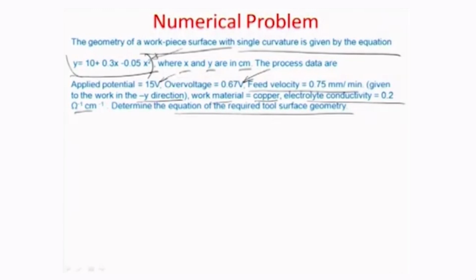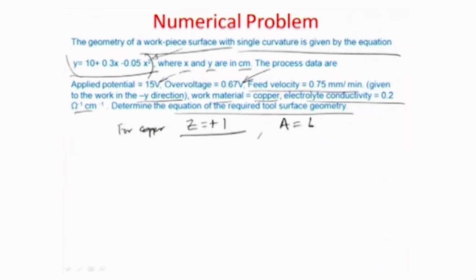So let us look at this. This is a very simplistic case. You have already defined the single curvature by the equation given in this quadratic form, and we want to find out, for copper, we assume a monovalent state, so we are assuming Z to be +1.